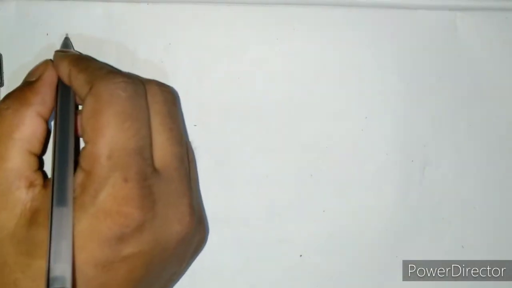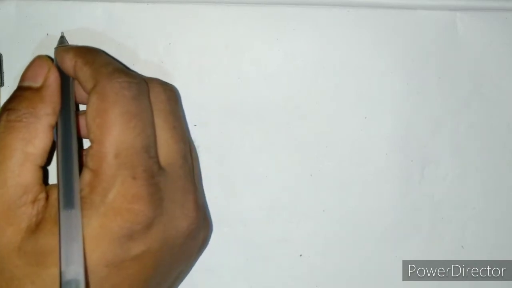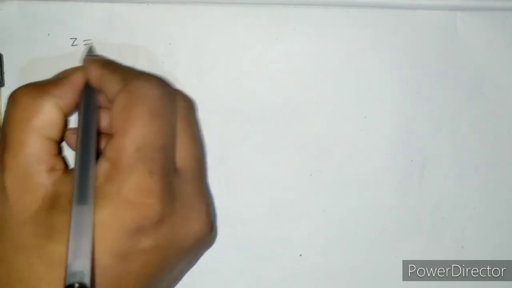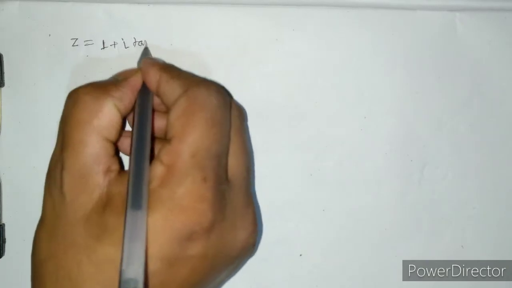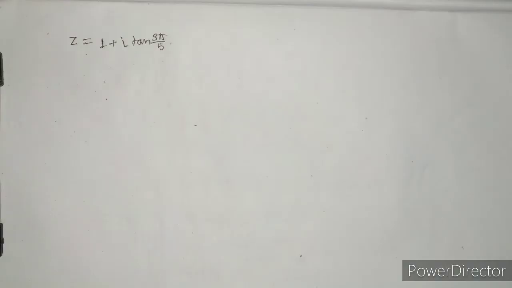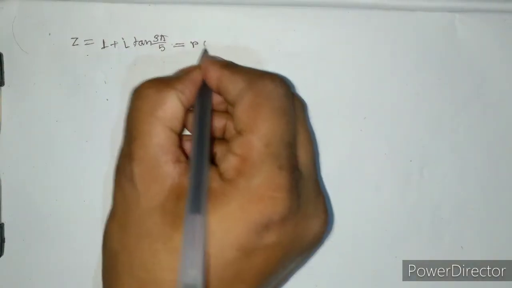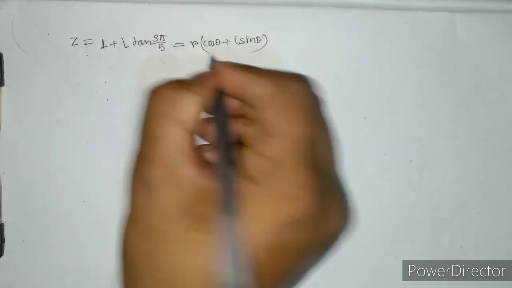Now let us try to solve one more problem, and the problem is find the argument of z where z equals 1 plus i tan 3 pi by 5. z equals 1 plus i tan 3 pi by 5. So it can be written as r into cos theta plus i sin theta.